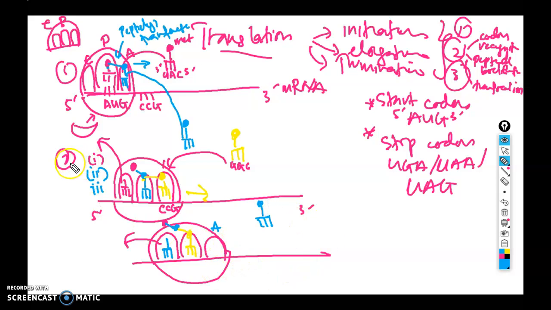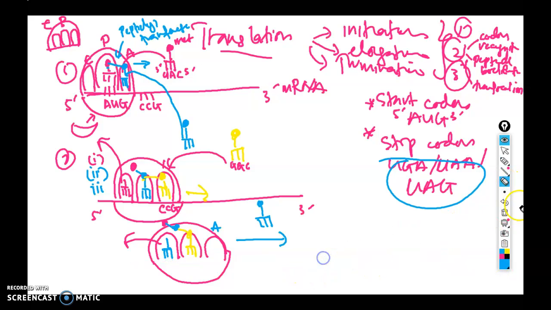Okay, this is the elongation process. Number 1, codon recognition: they recognize the codon and enter the A site. Number 2, peptide bond formation, and number 3 is translocation. After that, the process will proceed until it finds a stop codon, either one, for example UGA.